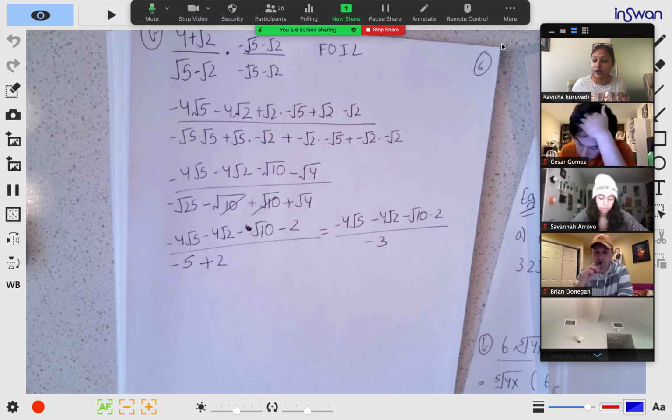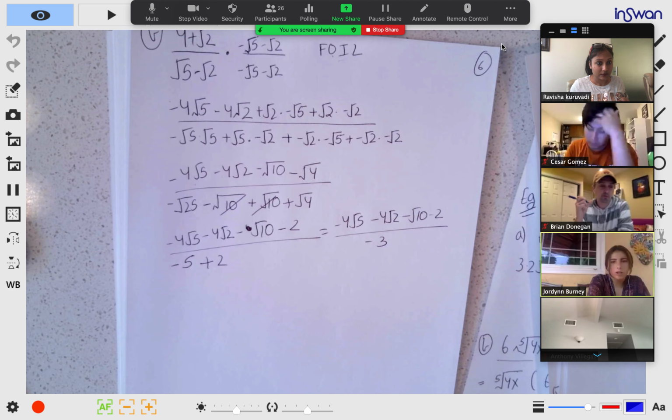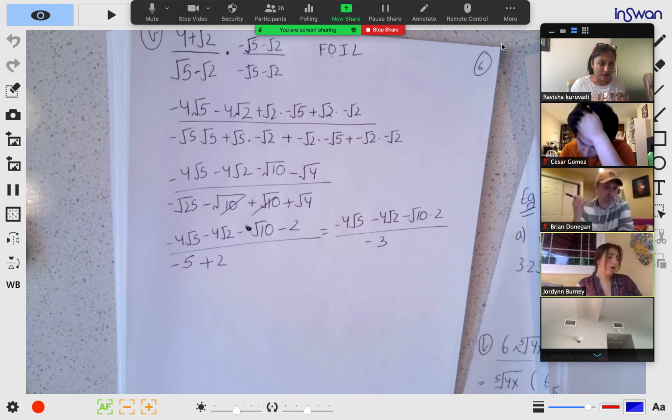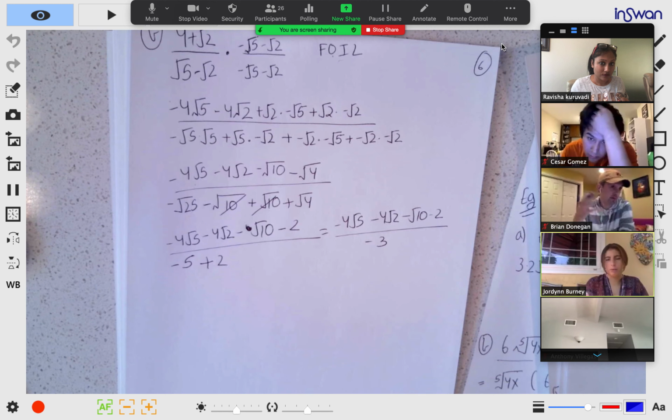Any questions, anyone? I had a question: we're allowed to multiply the radicals inside for this method? Yes, if they're multiplying each other, you can combine them.